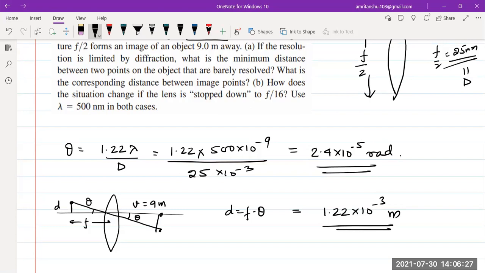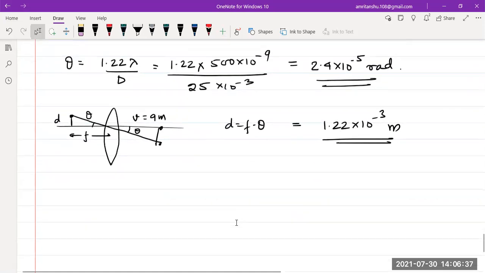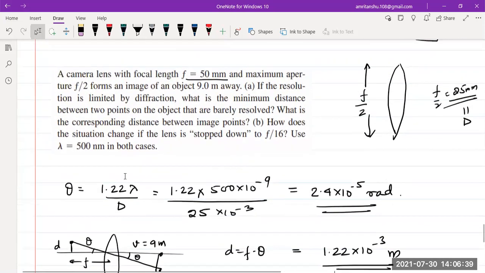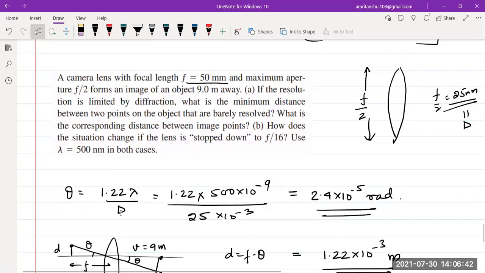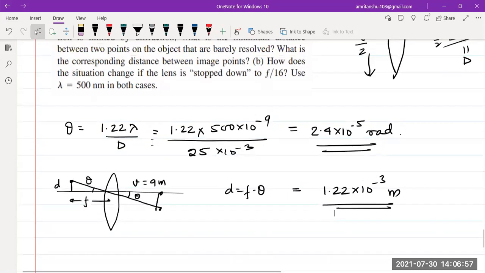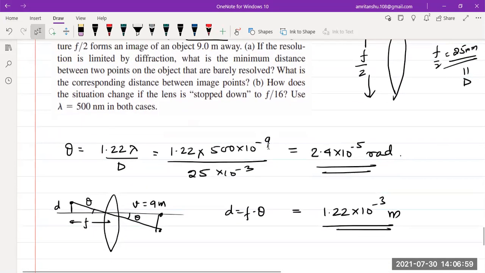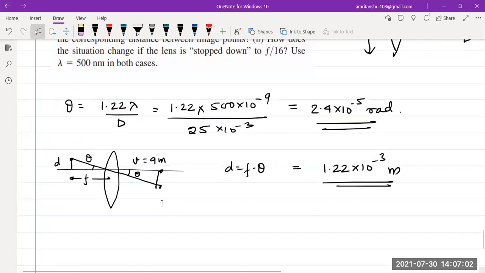Now here, what they have done is change the aperture. What happens when you change this d? Theta increases.